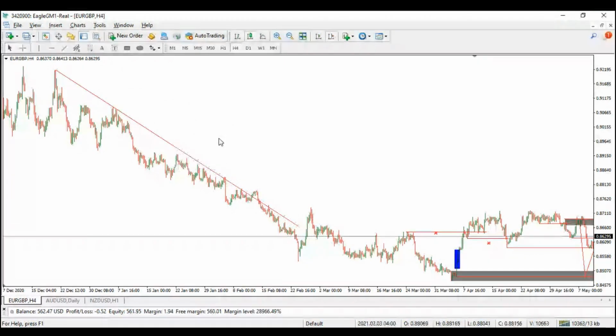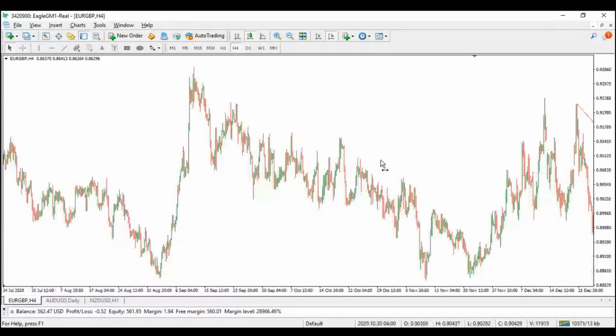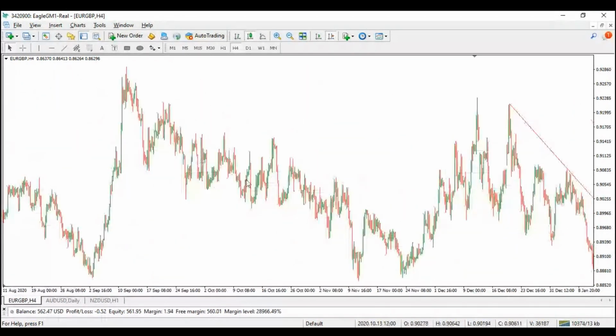And anytime price trades back into the trend line, you want to sell. That's for a downtrend. And for an uptrend, let's use this example, it's better. Never draw a picture perfect trend line though. So every time price trades back into or closely into the area of the trend line, you want to sell.